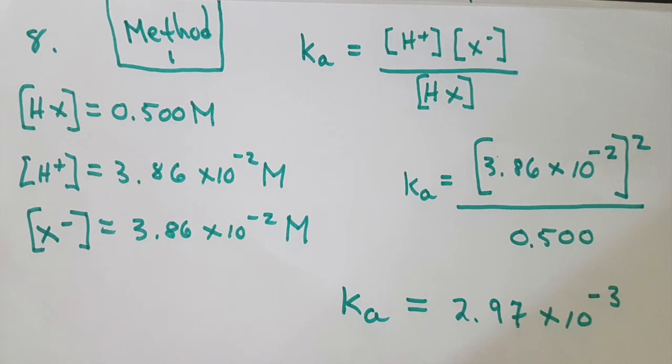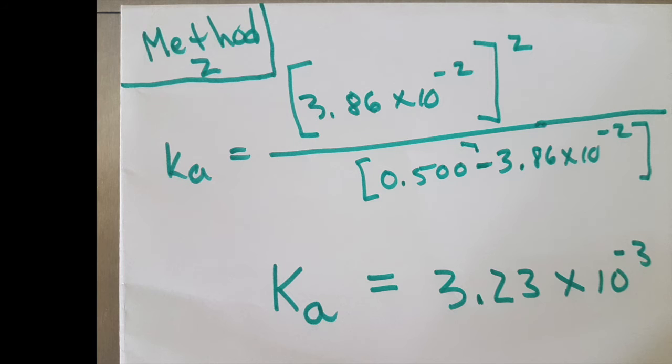So let's look at method 2 and subtracting off the H ion concentration. And there it is. So you're going to get 3.23 times 10 to the negative 3, which is really not very big. So you're okay.